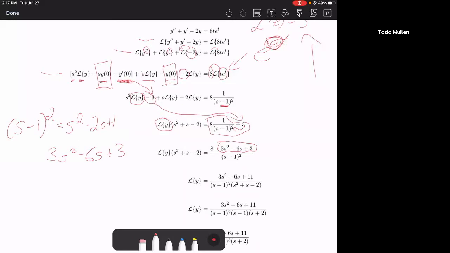So then finally, our goal is to isolate this Laplace of y so we can solve for it. We need to divide both sides by s squared plus s minus 2. So that comes down here, dividing both sides by it.